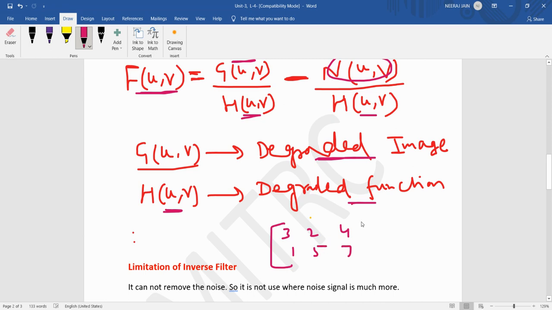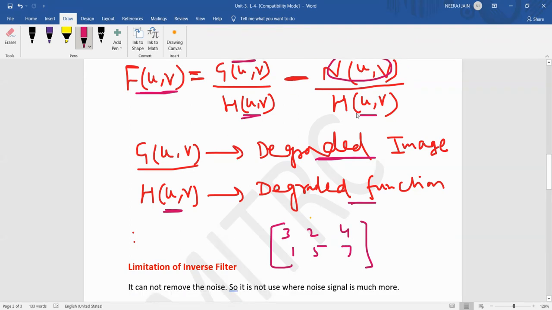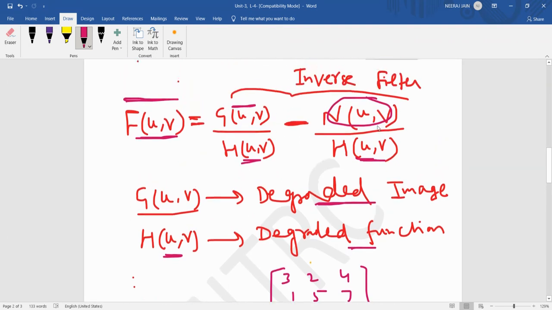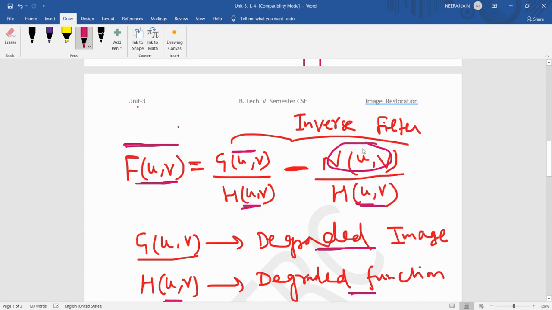But if the parameters of H(u,v) are large, then the effect of the noise term will be reduced. But if these are smaller, like 0, 1, 1 and 2, 0, 1, then definitely this noise factor will be much more effective. So we cannot achieve the original image.